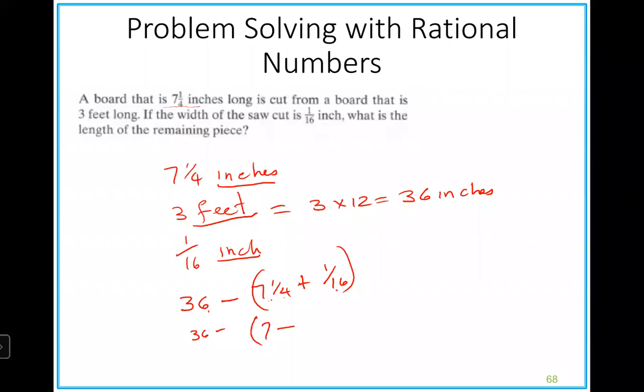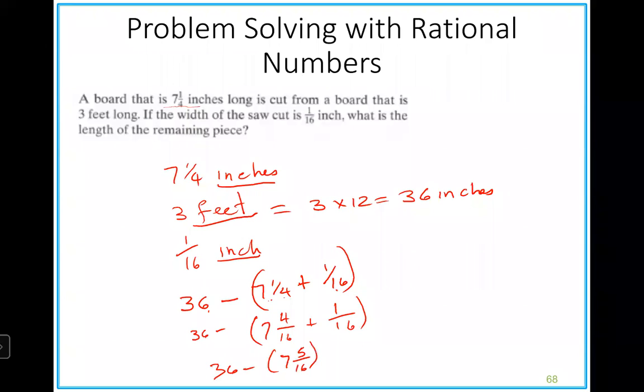So you could always put that over 16 plus over 16. So 4 times 4 gives you 16, 4 ones are 4, and this is going to remain 1/16. So when you add that together, you're going to get 36 minus 7 and 4 and 1, that's 5/16.